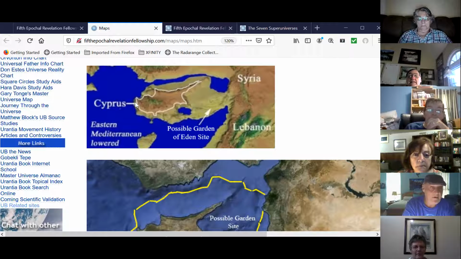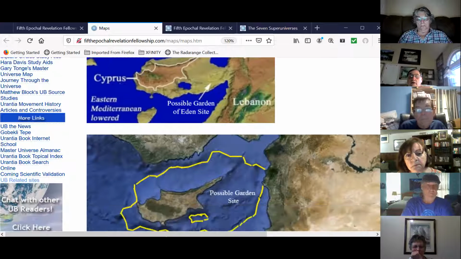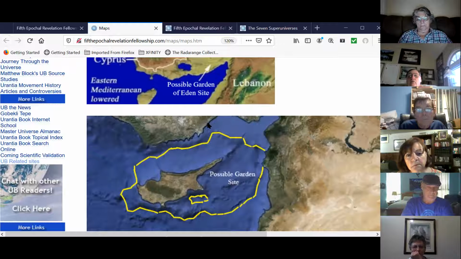Cyprus is still there. So this is an outline of the island of Cyprus, because they teach us in the book that Cyprus was included in basically the whole garden. That's why it's over there. And what I did is I went in here and took the outline of where the possible garden was.